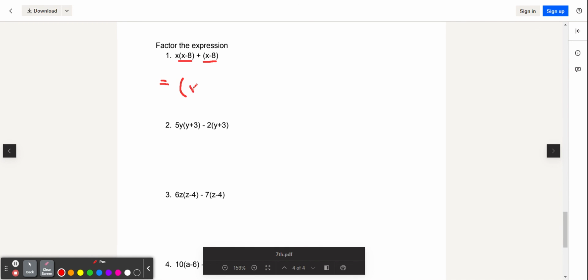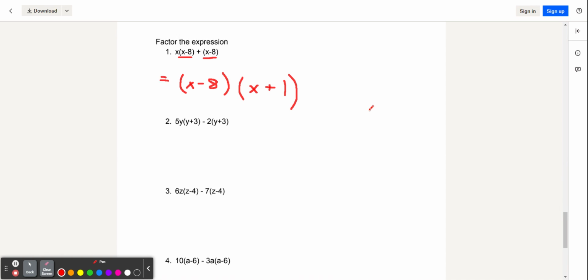So you write what you factor, and then in parentheses, being multiplied with it, you write what is left. How do you know what's left? Just divide the term by what you factored out. So x times x minus 8 divided by x minus 8 is x, plus x minus 8 divided by x minus 8 is 1. You have successfully factored the expression.